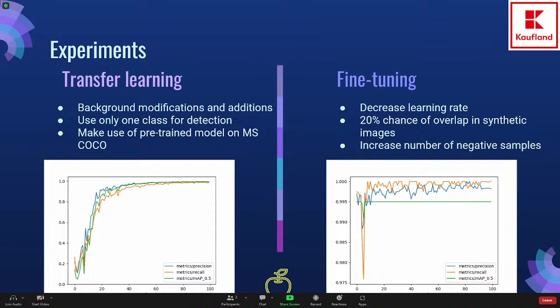The background modification and additions were done in a few steps, because we had to add some negative samples, like backgrounds without apples, in order to simulate a better view of a real orchard. The fine-tuning was done after, because we had to decrease the learning rate and add some overlap in the synthetic images in order to be more precise in simulating a real orchard. The negative sample number was also increased.